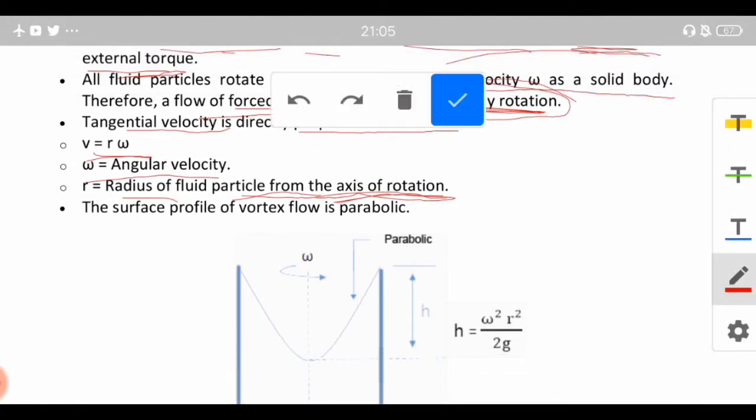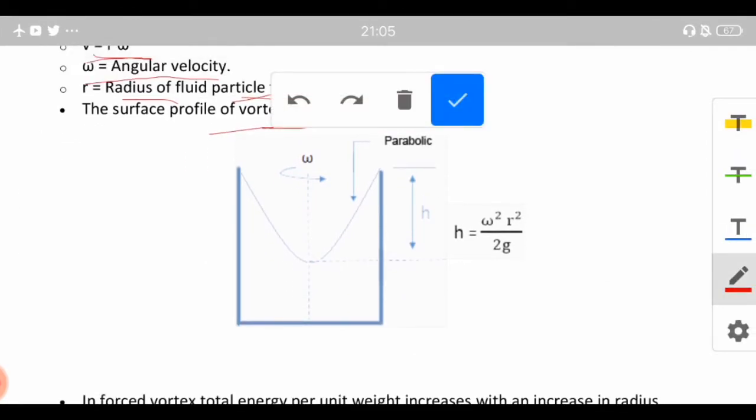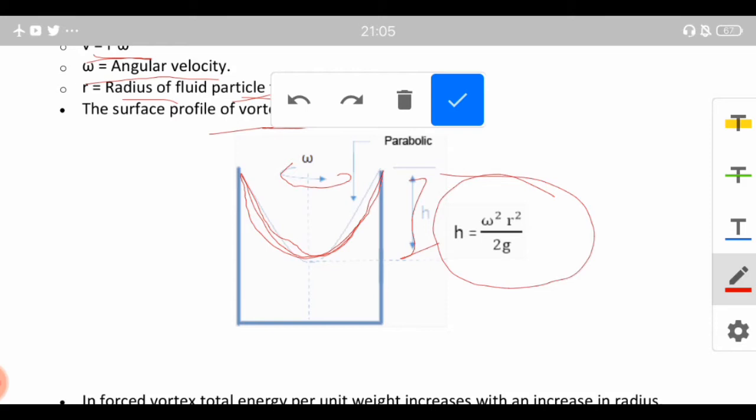The surface profile of vortex flow is parabolic, and you can see here an example of vortex flow, which is parabolic in nature. Omega is the rotation given to it, and h is obtained as omega square r square upon 2g.